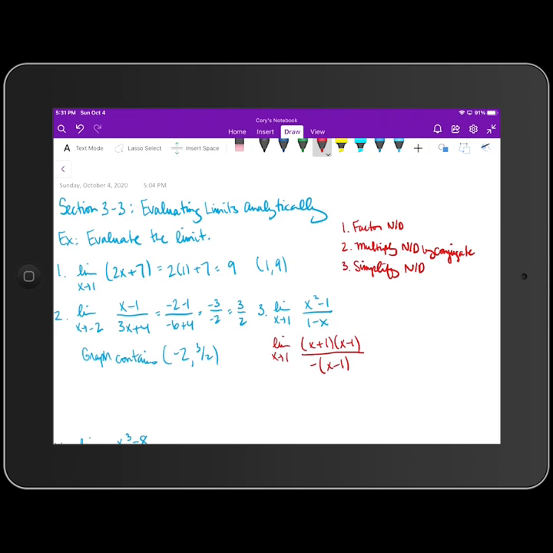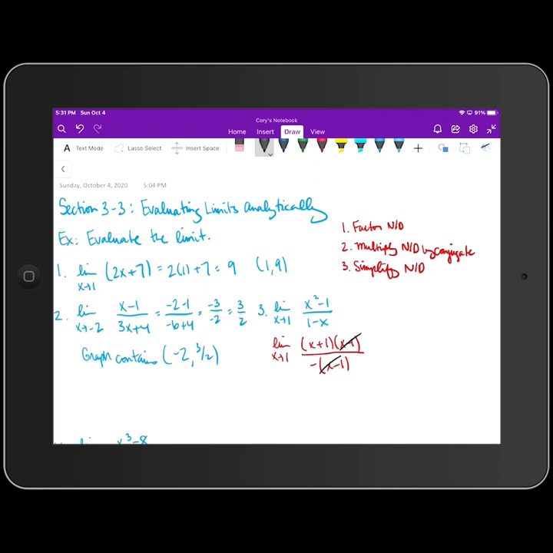Once we're able to eliminate that factor, that was the factor that made both the numerator and denominator 0, because when I plug 1 into both of those factors, that makes the numerator and denominator 0.